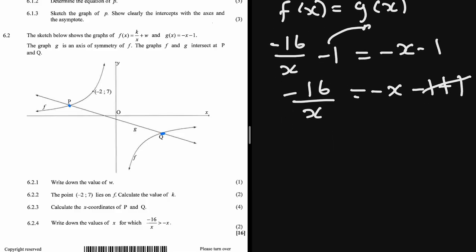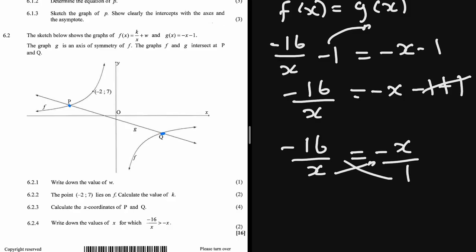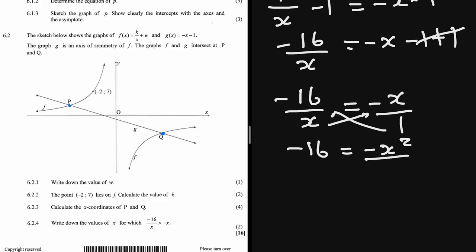So that means we are left with -16 over x equals -x here. But now we can just multiply everything by x, or we can just cross multiply here. x will multiply with that one at the top, and that one will multiply with that. So -16 multiplied by 1 is just going to be -16, and then x multiplied by -x is going to be -x squared. So we can divide both sides by -1, and therefore we have 16 equals x squared.